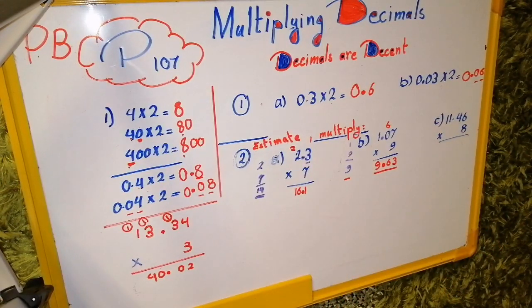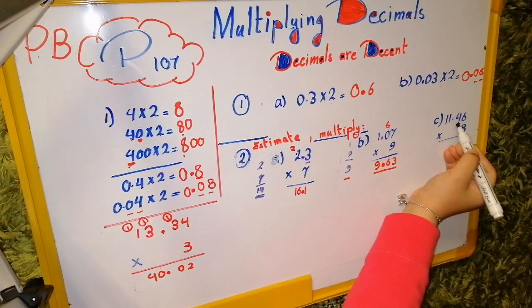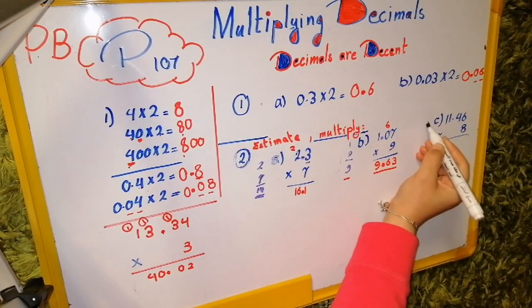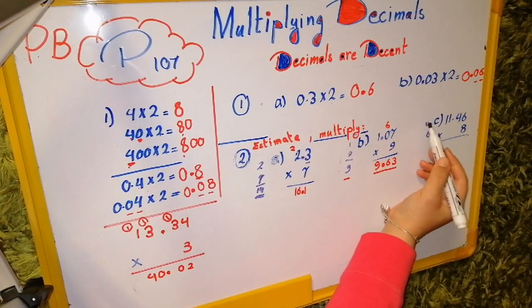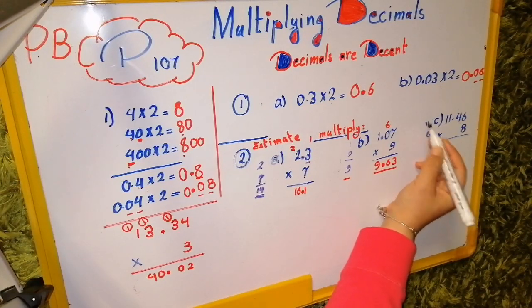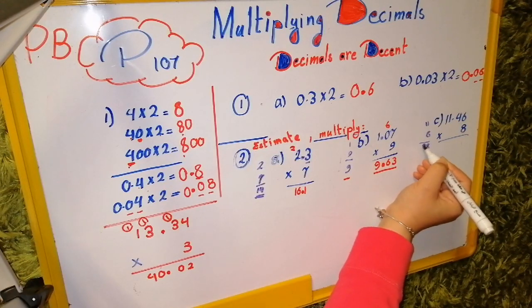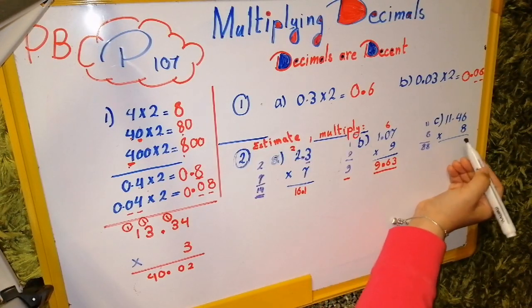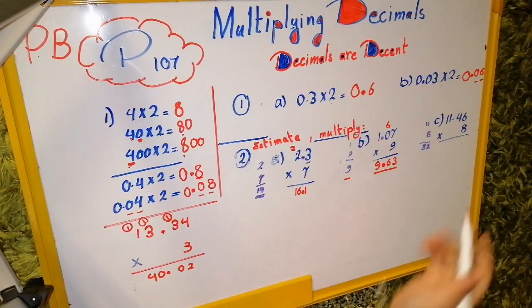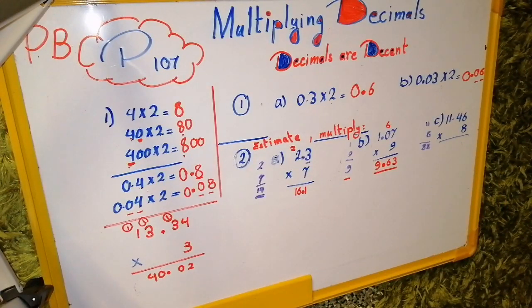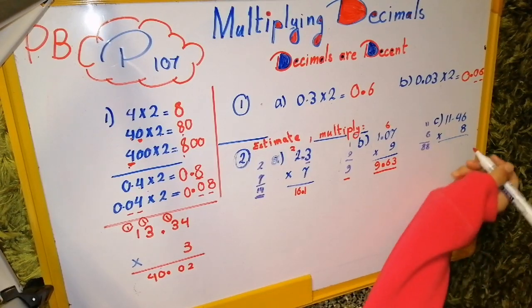Now let's go to C. Estimate first. Here after the point I have 4, it's less than 5, so it's going to be 11, and here 8. 8 times 11, remember the 1 is like a mirror, so here I have 2 mirrors. The 8 is going to see itself 2 times, it's 88. Now here, let's do the operation. 8 times 6 is 48.